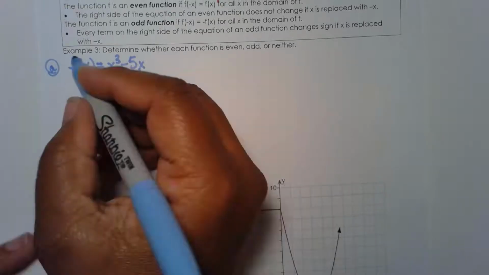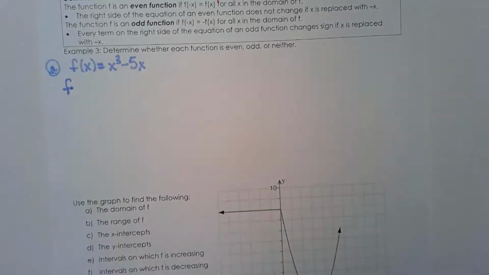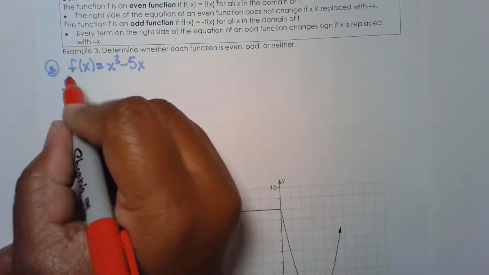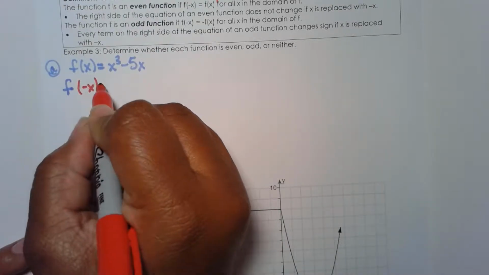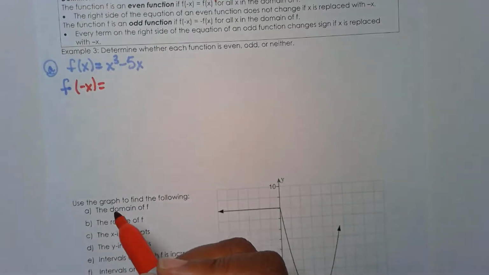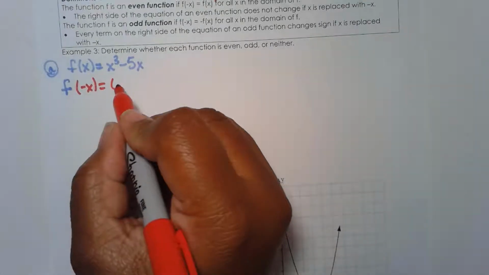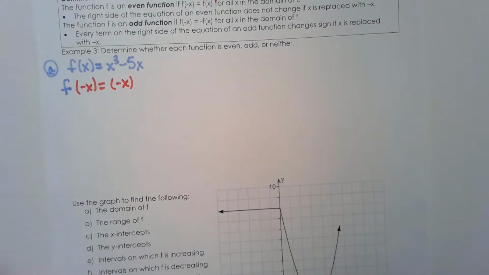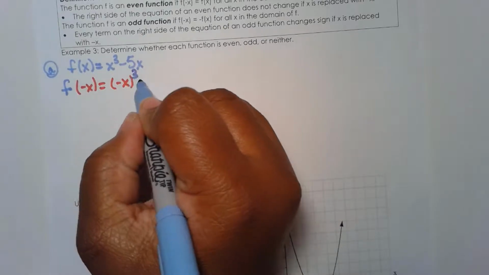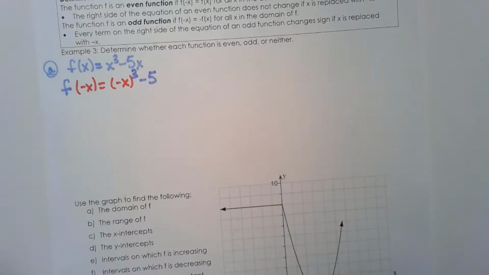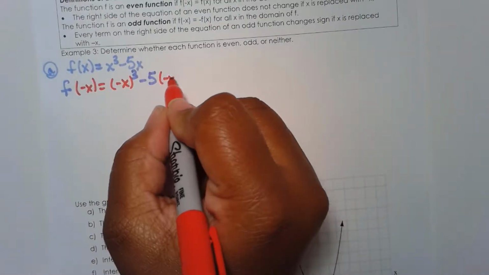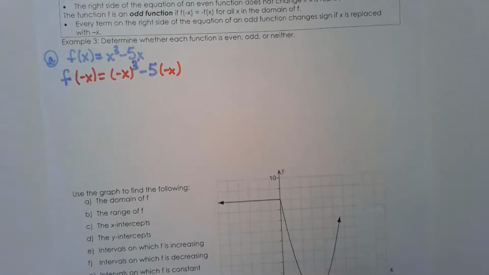We have f of negative x, and we're going to plug it into this formula here. So we're saying negative x cubed minus 5 times negative x. That's all we're doing, replacing x with negative x.